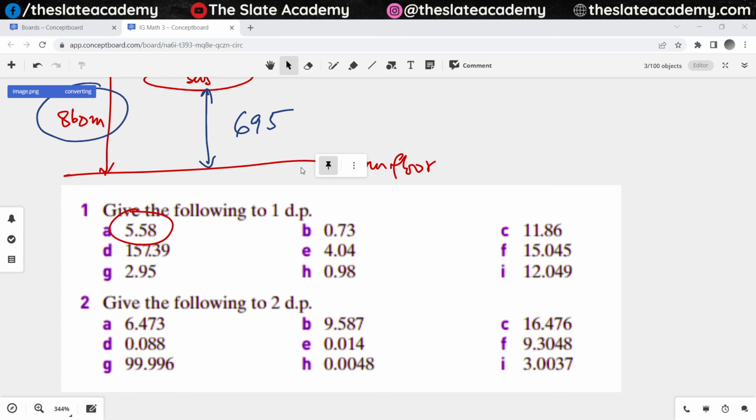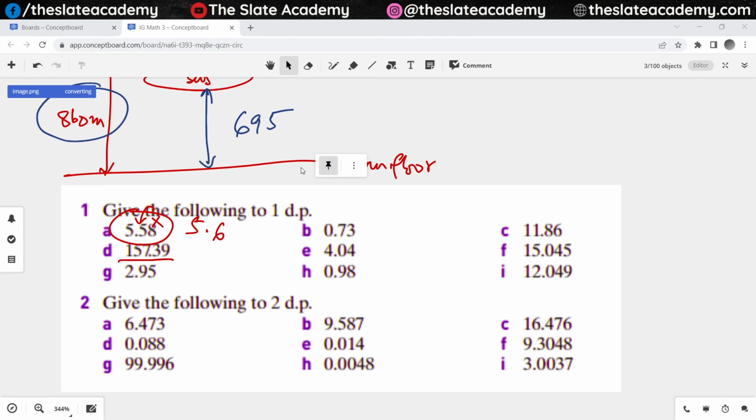I have to get rid of this 8. Since 8 is more than 5, the number behind it, this 5, gets 1 added to it. So it becomes 5.6. Excellent.